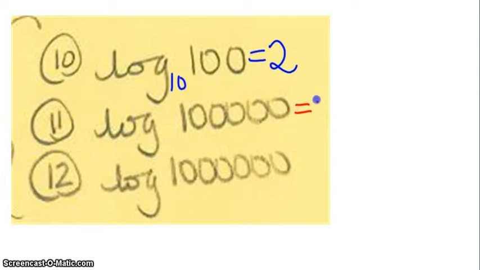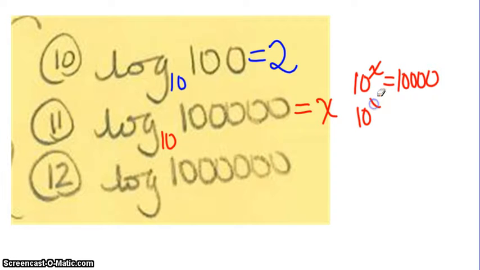I'm going to set that equal to x again, just like I did the last several problems. Remember, the base is 10 because that's a common log, and 10 to the x equals 100,000. I'm going for that common base again. 10 to the x is equal to 10 to the, well, I've got 1, 2, 3, 4, I missed a 0, 5 zeros.